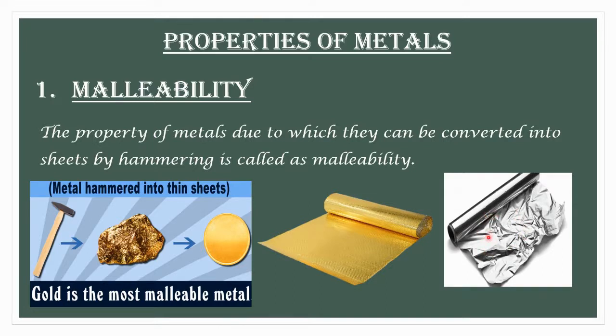Aluminium is also a metal. By hammering aluminium again and again, it gets converted into a thin sheet which becomes aluminium foil. So we can say that the property of metals due to which they can be converted into sheets by hammering is called malleability.